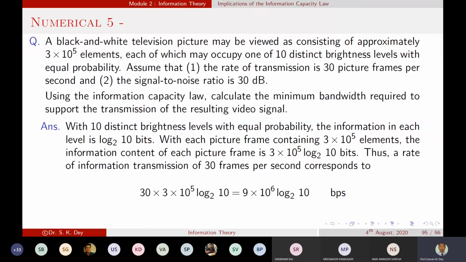But the thing is that we are calculating the information, like the entropy value. When the entropy value is calculated, it tells what information is there, not how many bits. Normally, using the log, we are calculating how much information there is over these 10 levels.